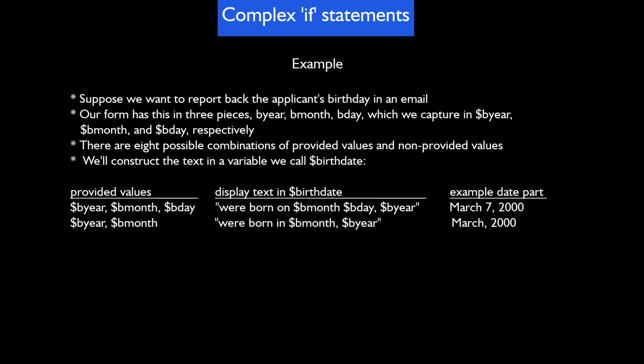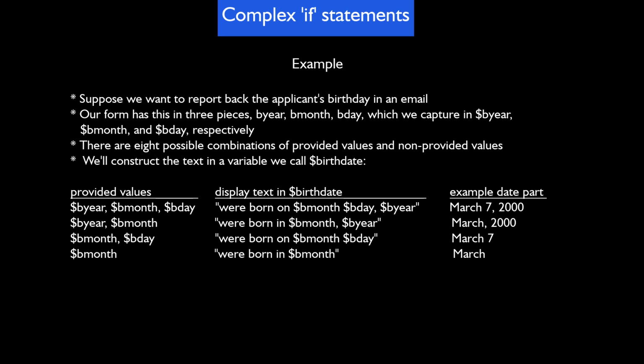That is March, 2000, for example. If they supply month and day, then the text will be, "You were born on $Bmonth $Bday," like March 7th. If they just supply $Bmonth, the text will be, "You were born in $Bmonth." For example, you were born in March.